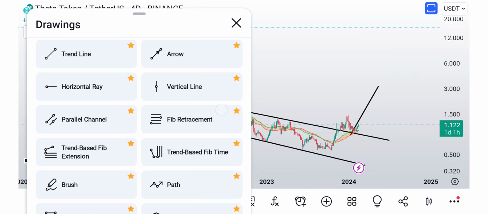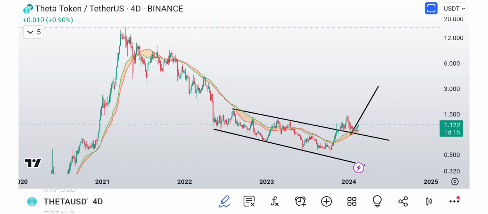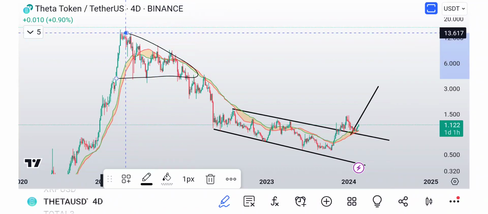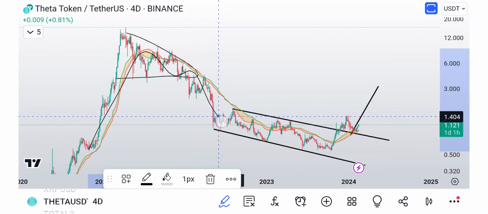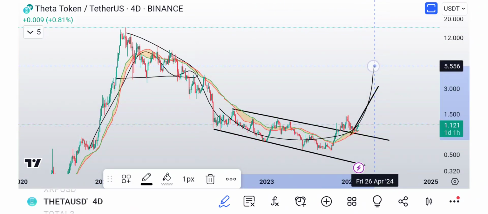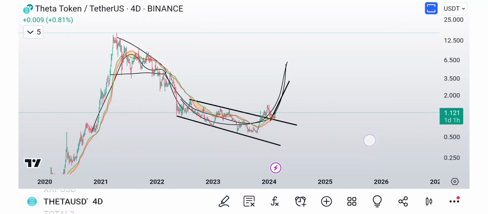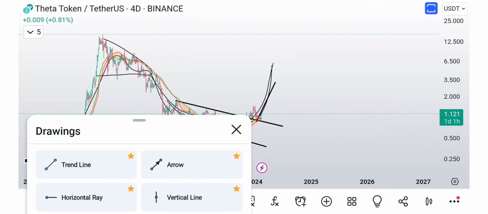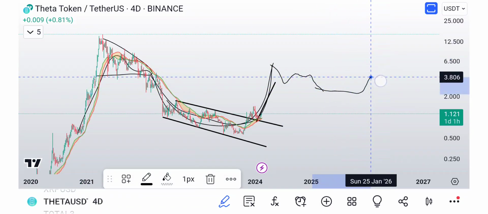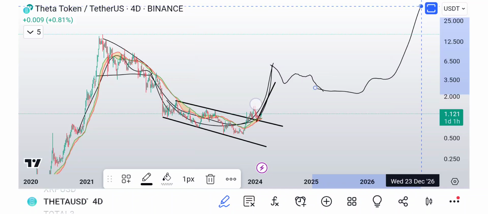And you can see Theta already had a descending triangle, so there's your triangle right there. We came up, we broke below the triangle, and now this is sort of the swoop that Bitcoin had. How it swoops down here, and then it drizzles out a little bit, comes flat, and then it continues to break out.